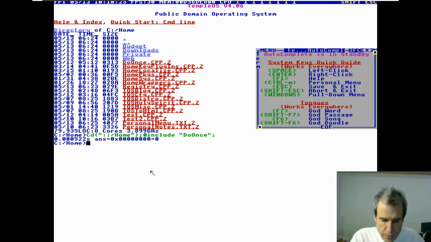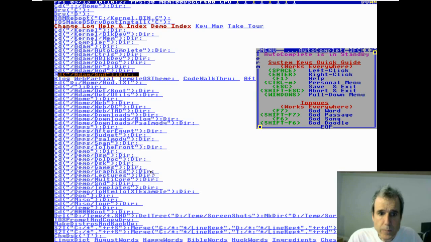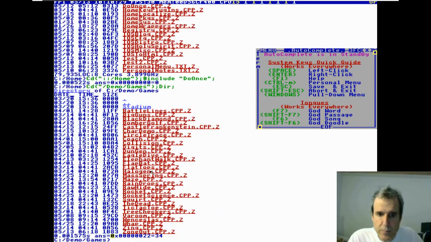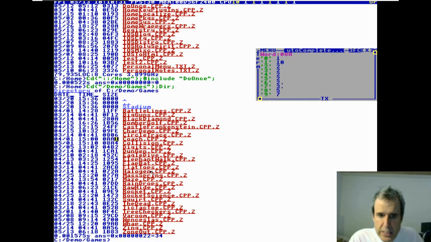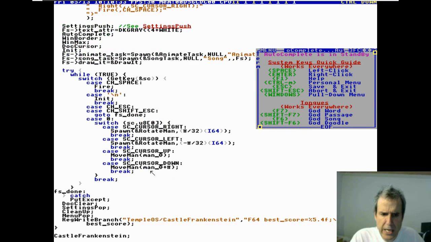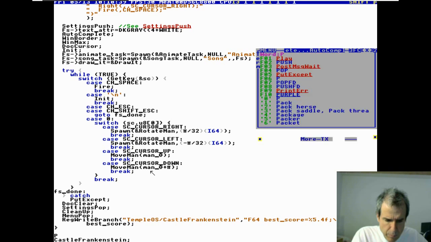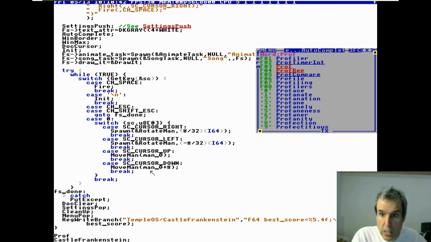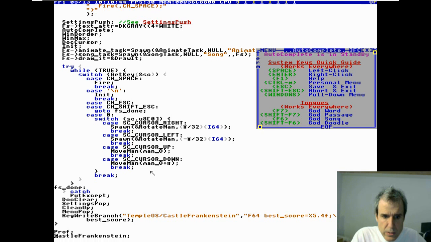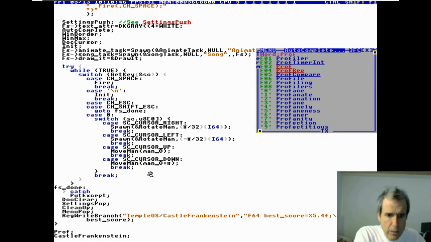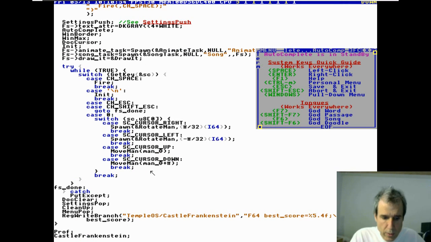So we go to the games directory, Frankenstein. It's about 100th of this CPU. So we say profile. Okay, this is single core.